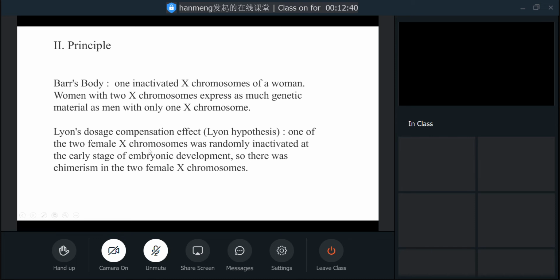One of the two female X chromosomes was randomly inactivated at the early stage, and the other is activated.